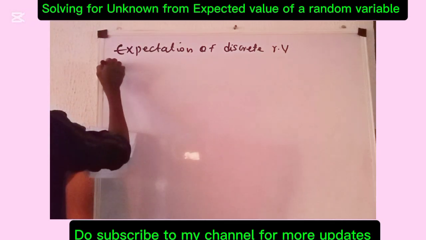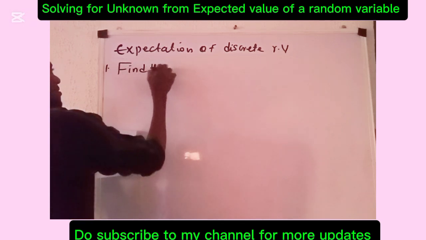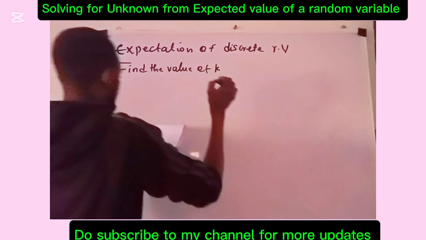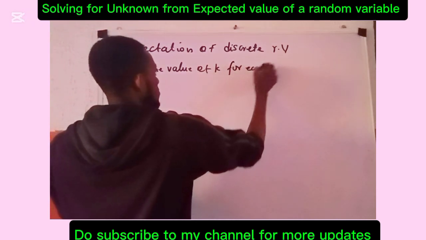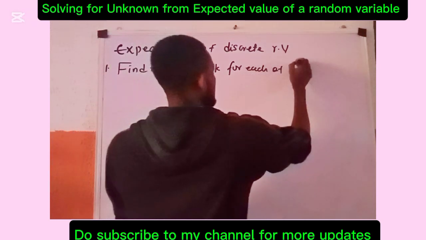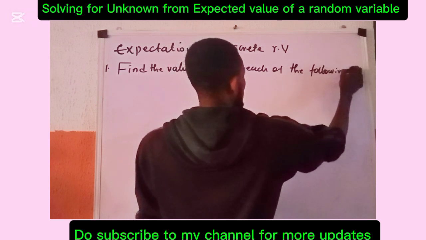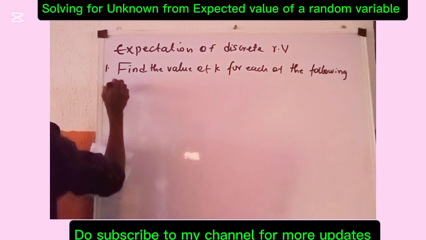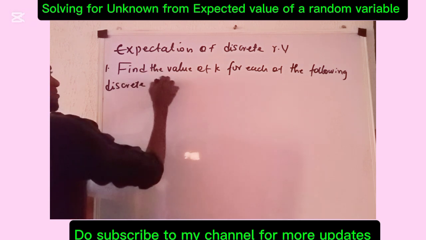That question number 1 says, find the value of k for each of the following discrete probability distributions.